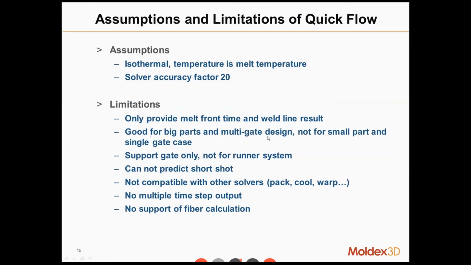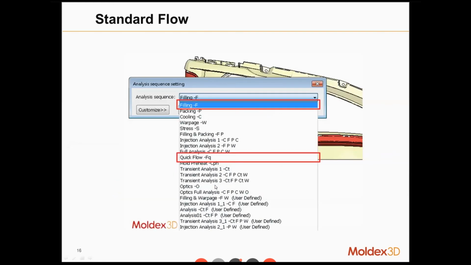And it's good for big geometry and multiple gate design, not for small parts and single gate design. It's because for a small part, the total mesh count is less, so it's not necessary to use the quick flow to run the simulation. It's okay to just use the standard flow directly. And in the quick flow, we only support the gate, not the runner system, because we want to do the simplification, okay? And we cannot predict short shot, and it does not include the fiber calculation.